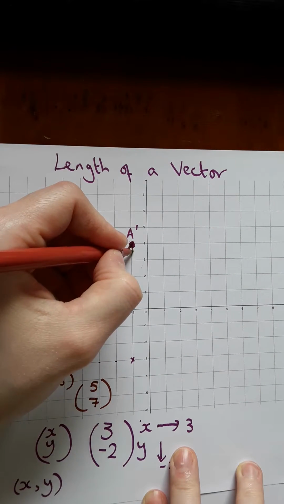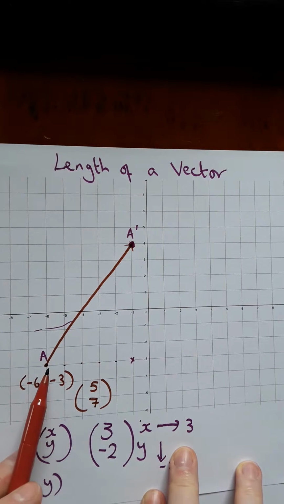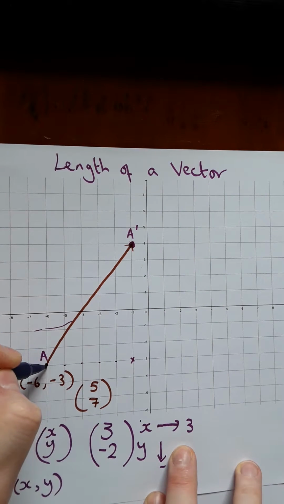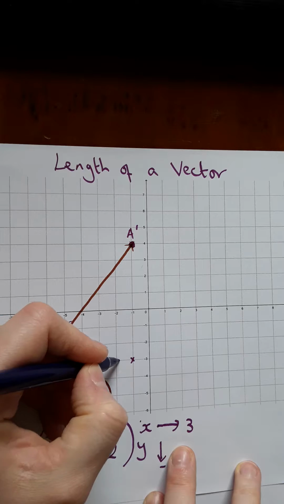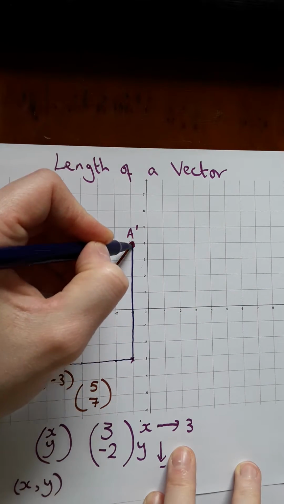Now, this is a diagonal line, so you cannot measure it. You might be able to measure it if it's to scale or if it's in centimetres squared, but it's more likely that you're going to need Pythagoras because if you've travelled this way, you've created a line this way, and if you've travelled this way, you've created a line this way.